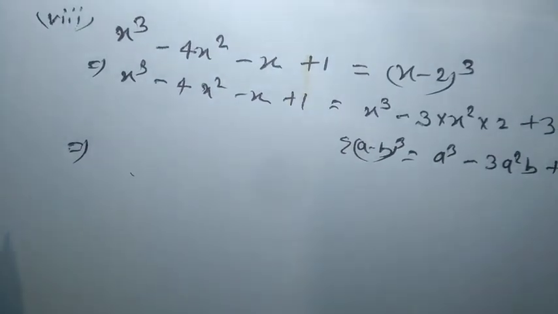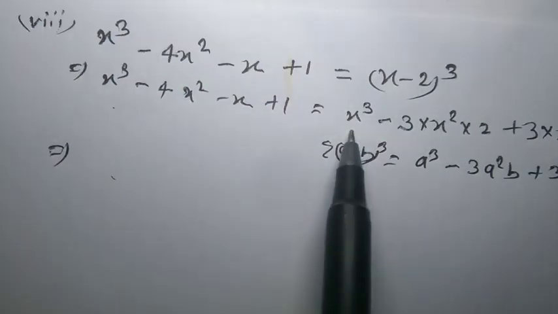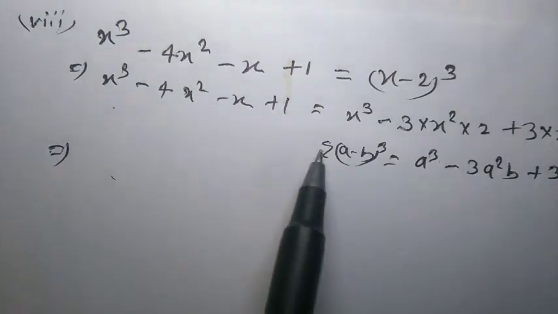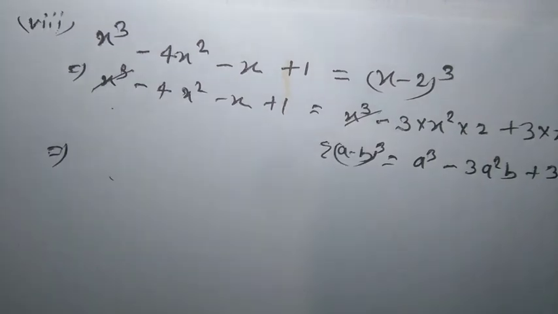Implies now x cube on the left hand side and also x cube on the right hand side, and the sign of x cube on both sides is plus, so x cube and x cube cancel.